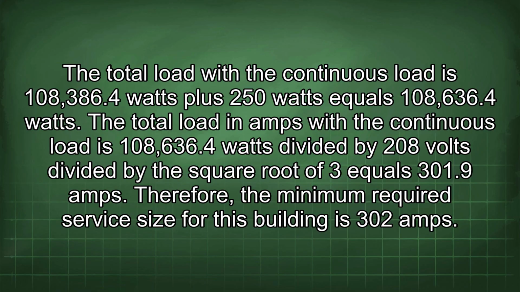The total load in amps with a continuous load is 108,636.4 watts divided by 208 volts divided by the square root of 3 equals 301.9 amps. Therefore, the minimum required service size for this building is 302 amps.